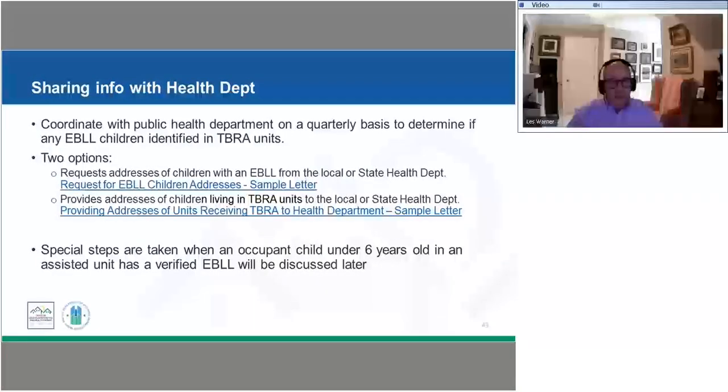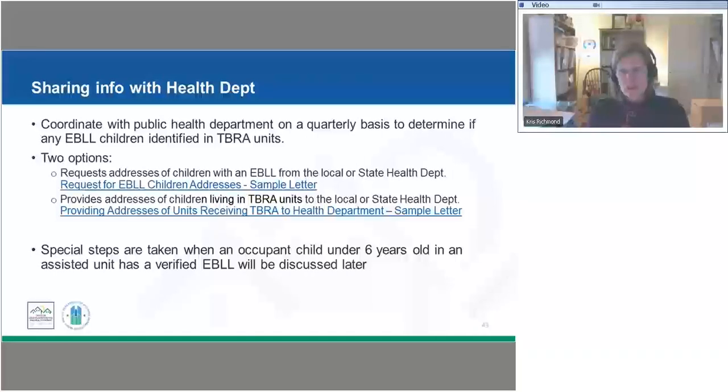Yeah, so this is a requirement of the Lead Safe Housing Rule that if you are administering a tenant-based rental assistance program, your program needs to share information with the health department on a quarterly basis. And we do provide two different options on how you can do this.